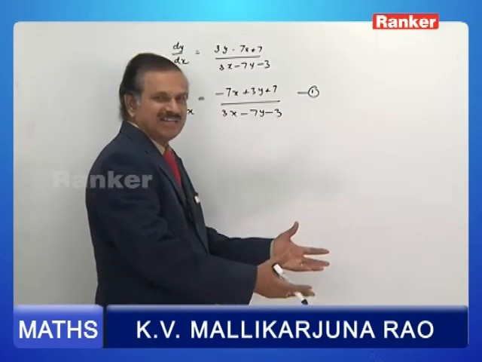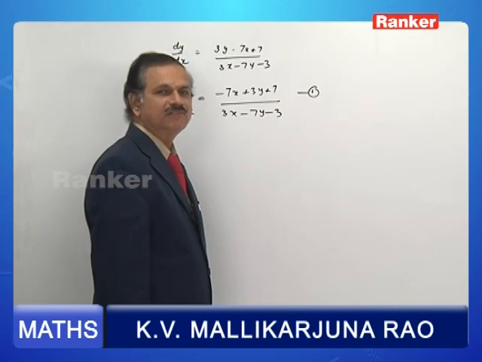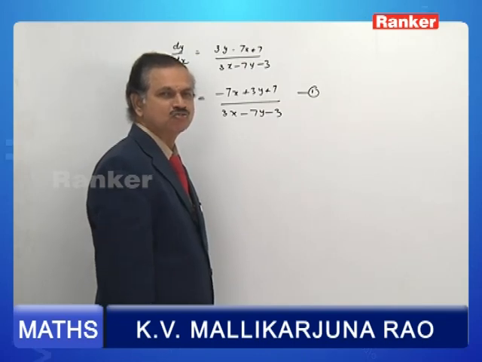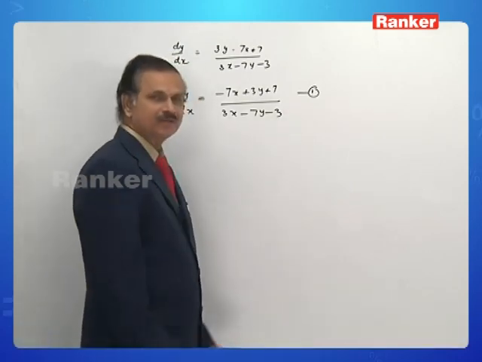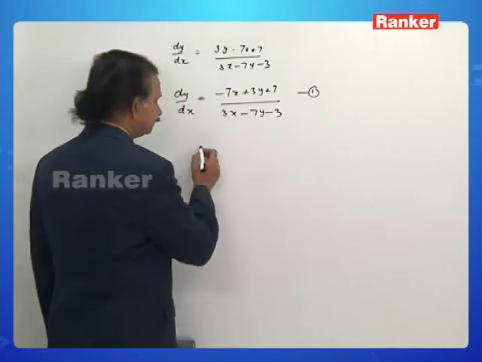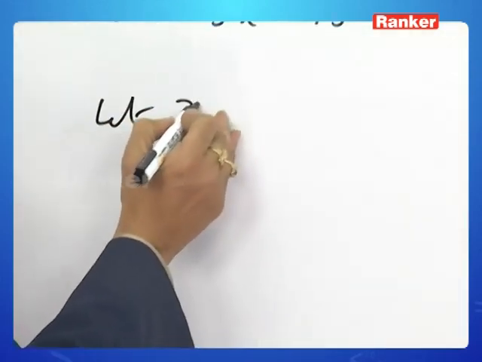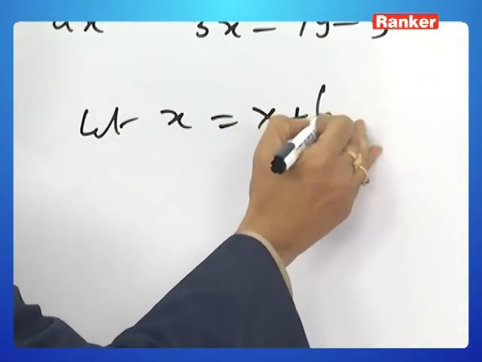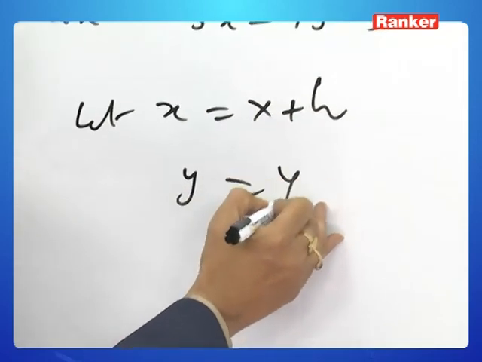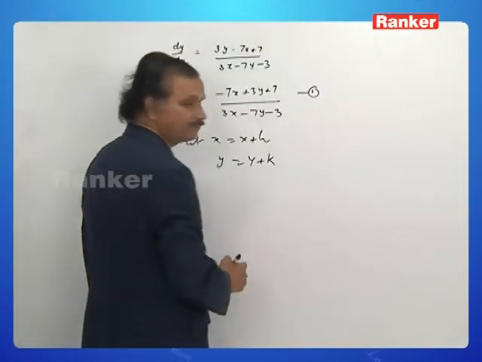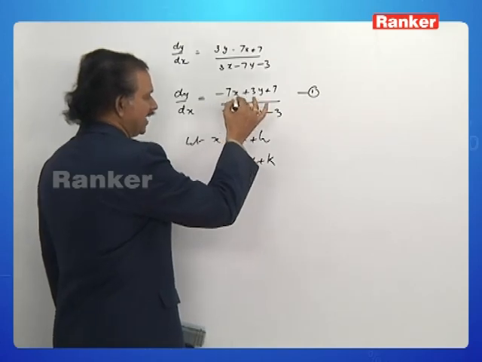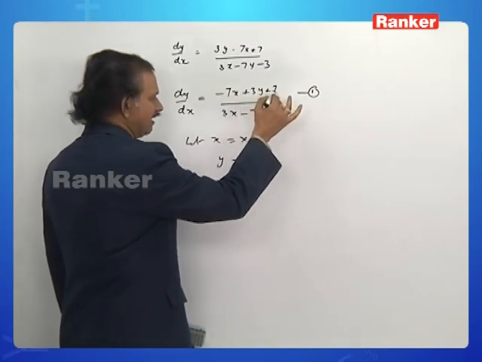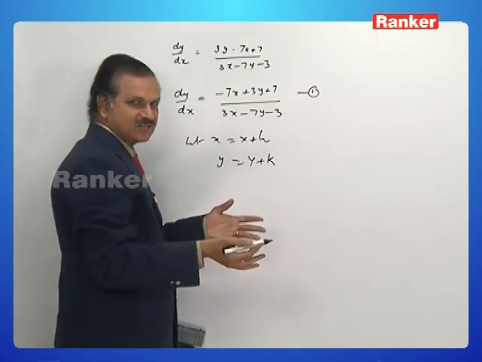They act as villains for us, which object us to say that it is homogeneous. We have to remove them. How can they be? Look here. Let x is equal to X plus h, y is equal to Y plus k. If you put X plus h here, minus 7X minus 7h plus 3k plus 7 will be the constant which is going to come.